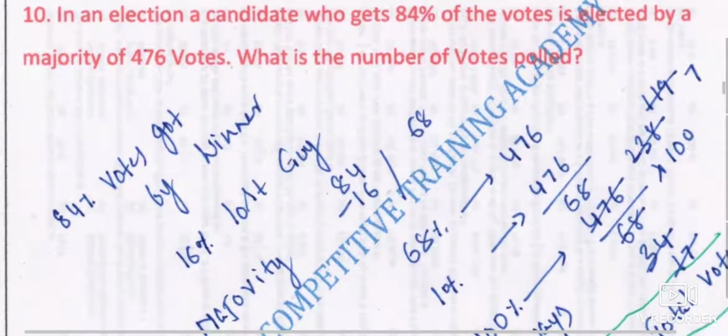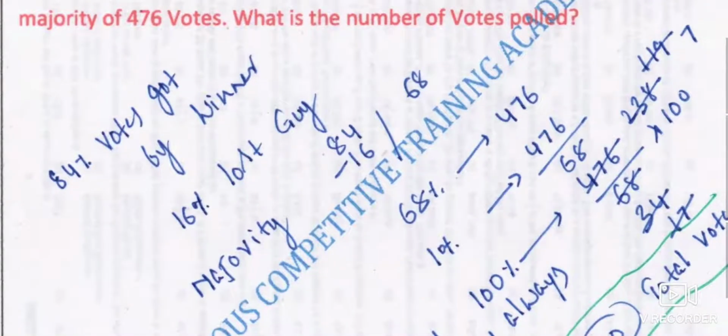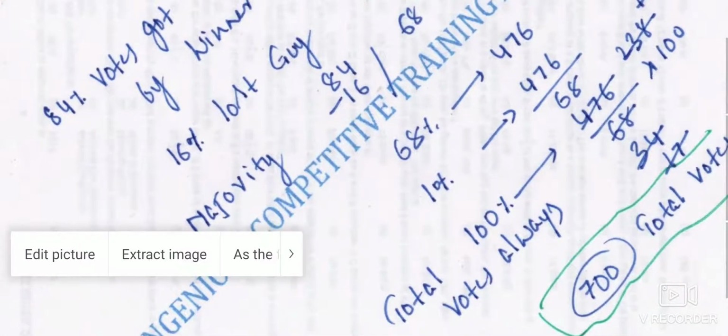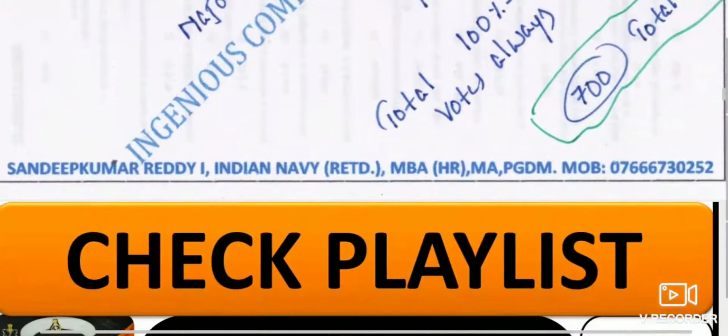That 68% is equal to 476. So 1% is equal to 7, because 476 divided by 68 is equal to 7. Now 100% gives us 700, which is the total votes.